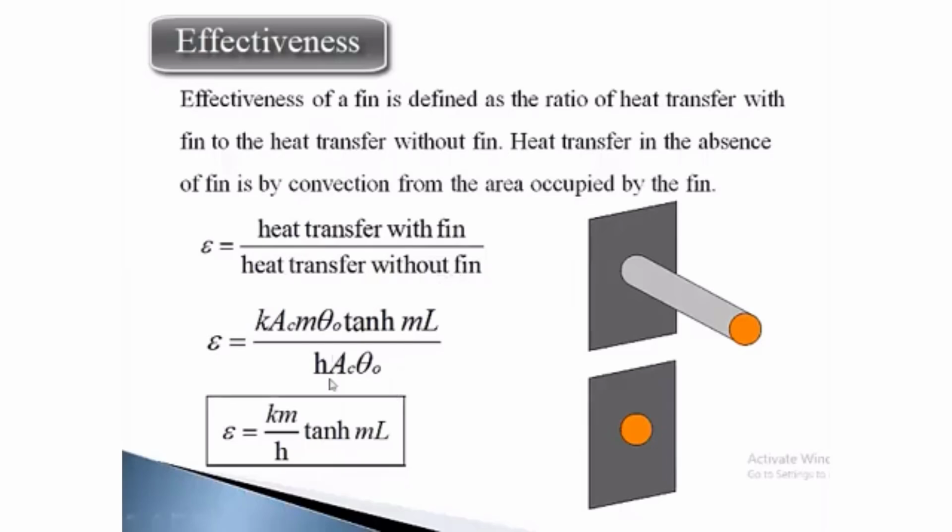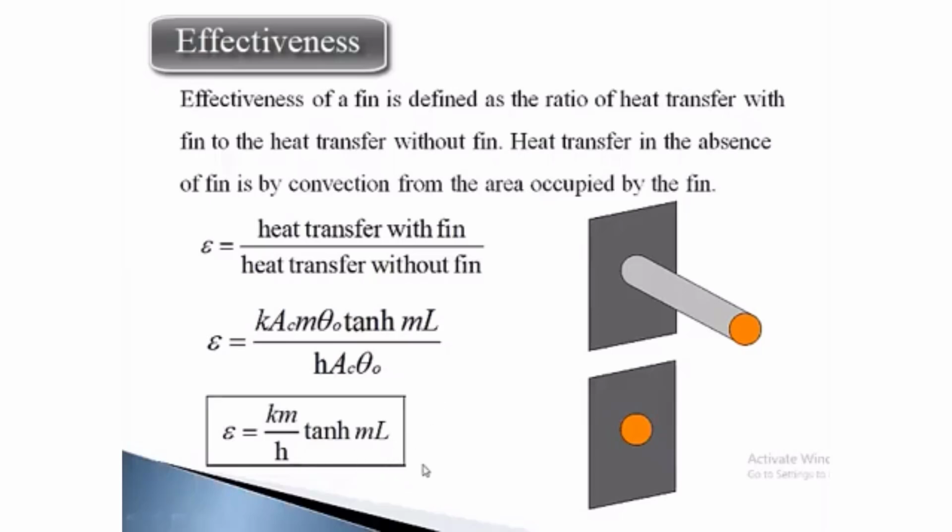You get this equation, and you can cancel theta 0 and Ac. Cancelling Ac and theta 0, you get k m by h tanh mL. So that is the effectiveness of the fin.